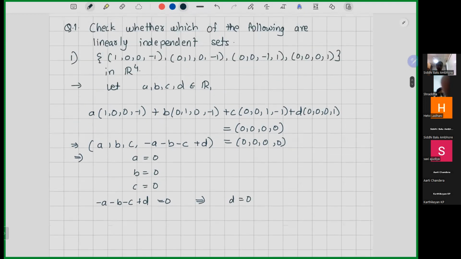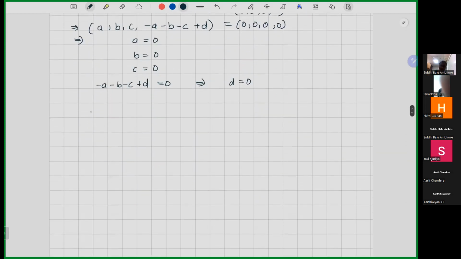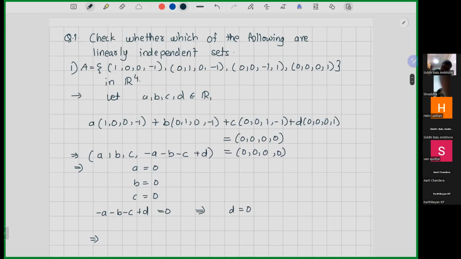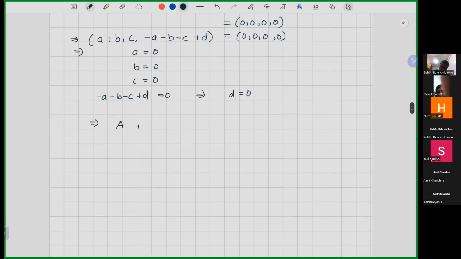So if we have any linear combination of these four vectors giving us 0, then A, B, C, D must be 0. This implies that this set, let us call it A, is a linearly independent set in R4.